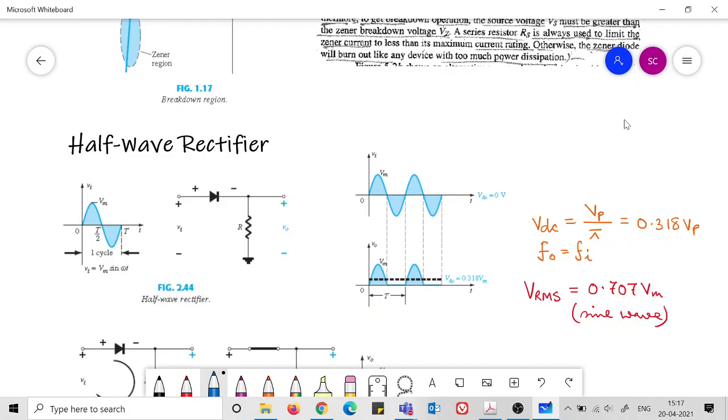So the first such circuit is a half-wave rectifier. Rectifier, I don't know if you have already come across this term in other courses. Rectifier means there is an alternating or sinusoidal current, AC current or AC voltage, and rectification means to convert it to DC.